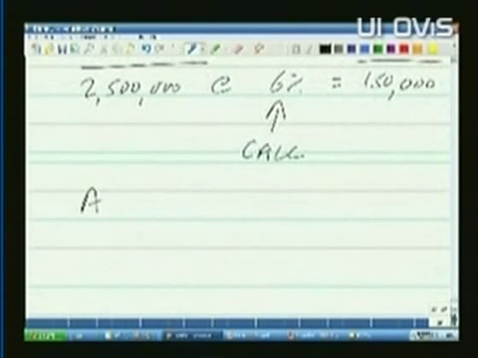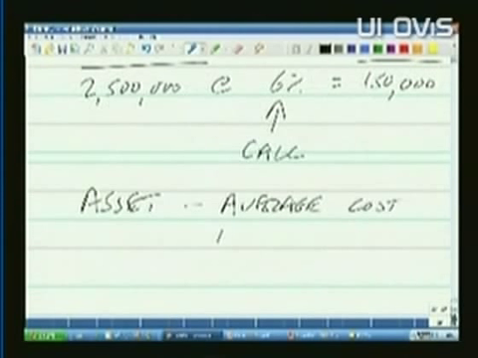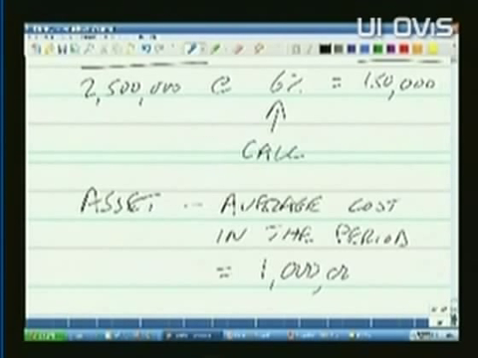So if I have an asset and the average cost in the period is 1 million. So in other words, I built this asset during the whole of this year. Obviously at start it hadn't cost me anything, but by the end of the year it's now cost me 2 million.